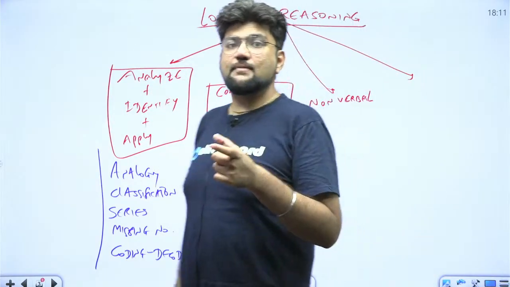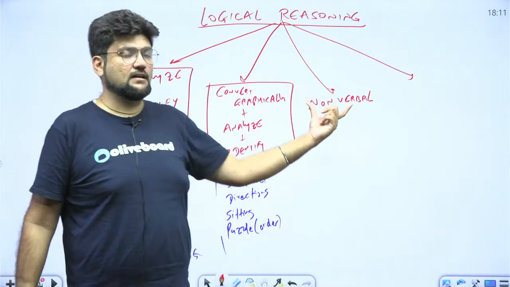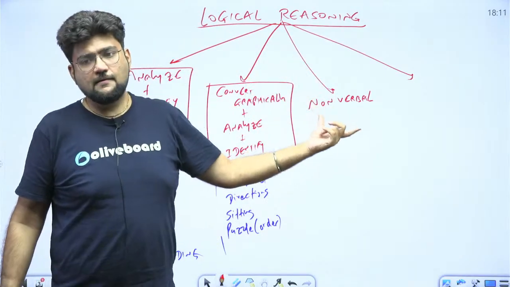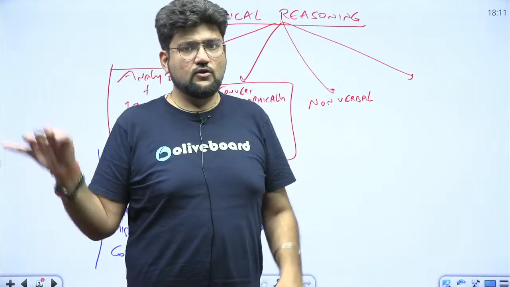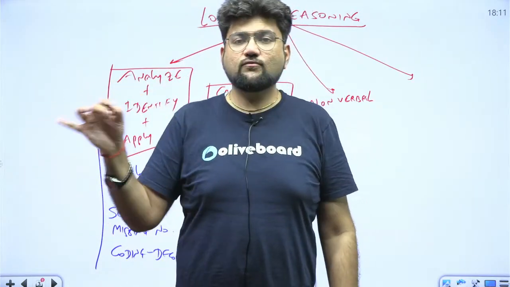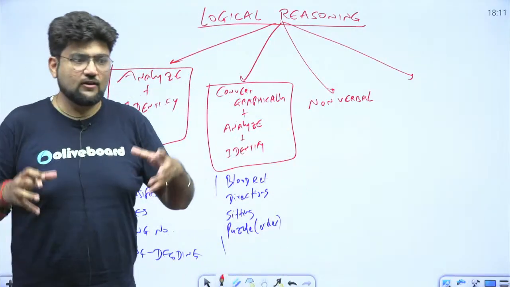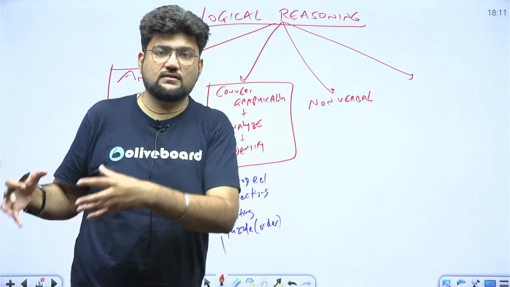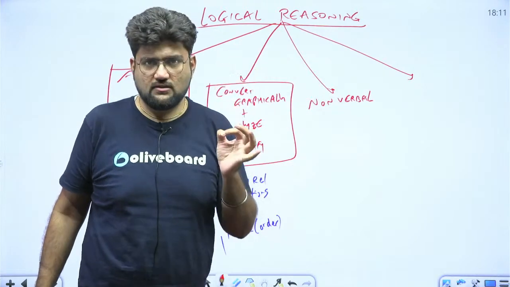Now what exactly is happening is I am communicating non-verbally with you. Parallelly, I am just drawing an analogy. So non-verbal reasoning, you actually don't have to solve anything. Sometimes you might not even have to use the pen or paper. There is no formula. There is nothing that you have to understand and apply. Non-verbal is simply visualization.